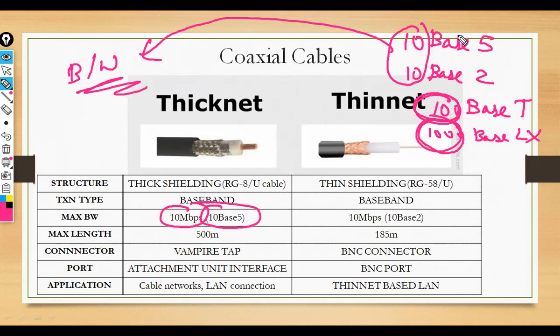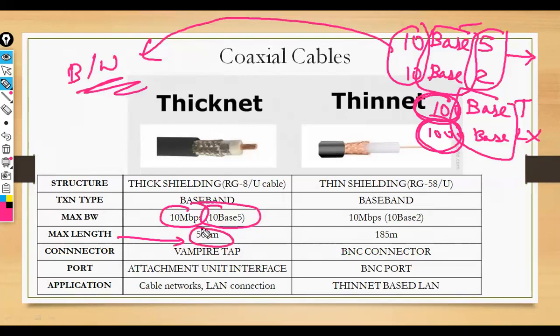Then this part is the transmission type, whether broadband or baseband. These are baseband, so it's base. Here 5 and 2 signify the length of the cable. It can be used up to 500 meters, and here around 200 meters.